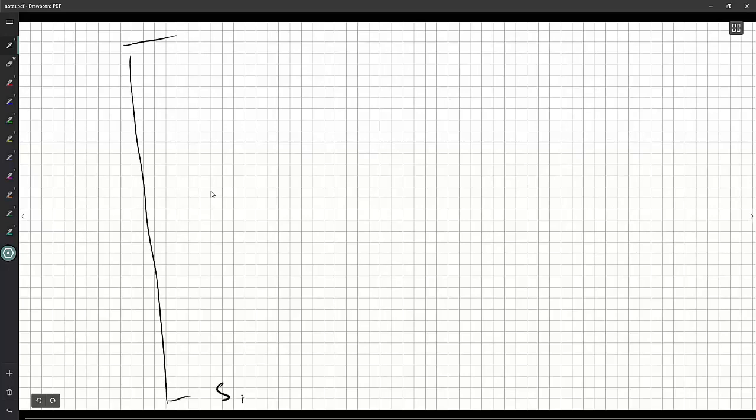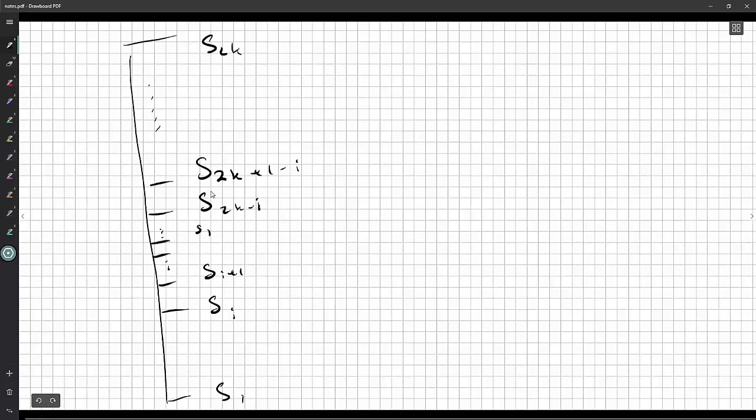Then what have we got? As a picture, got S1, S2K, and then in S_I, S_2K+1-I, S_I+1, S_2K-I, and it keeps going further and further in S_K, S_K+1.